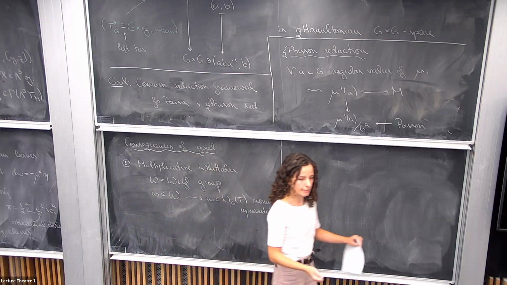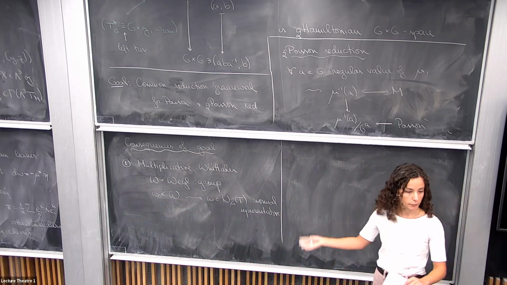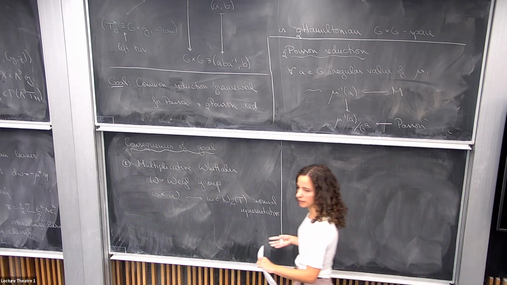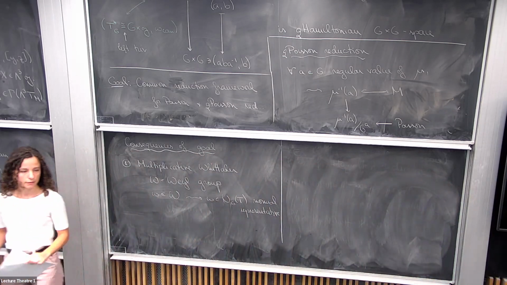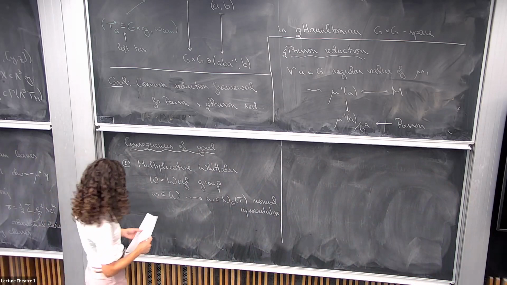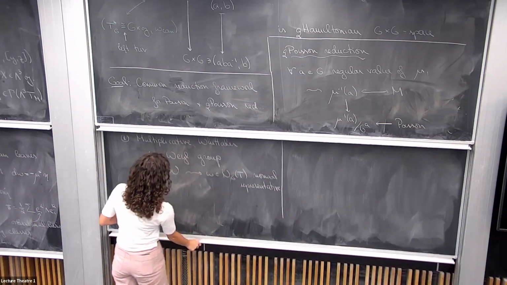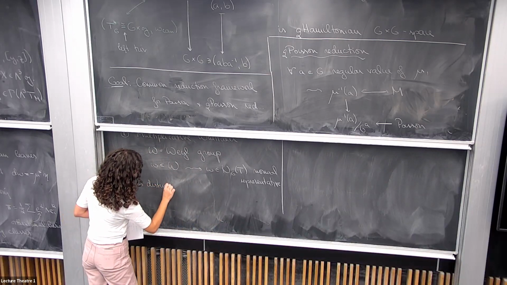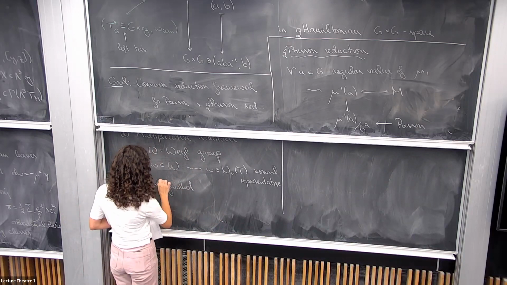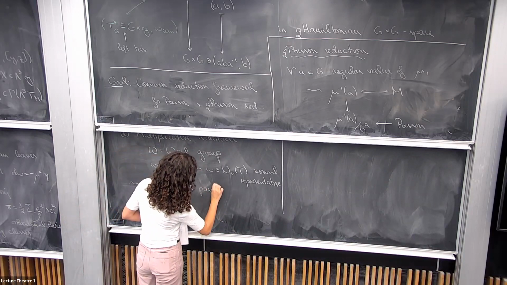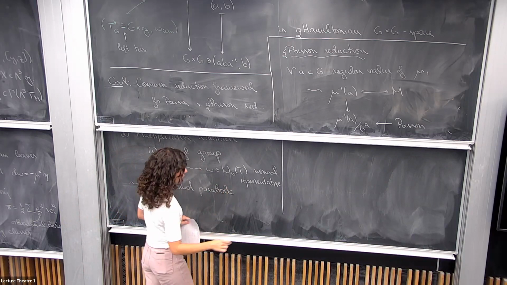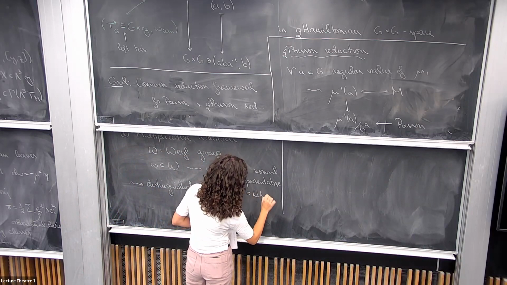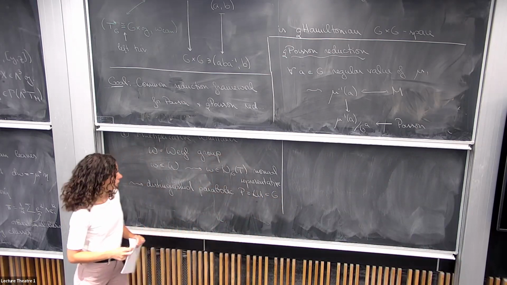Here I'm making some choices of maximal torus, of Borel, of a Chevalley basis, and a normal representative is a representative of the Weil group element that is compatible with this chosen basis for the Lie algebra. Using this, I can assign to W a distinguished parabolic subgroup P with Levi decomposition L times U inside G.